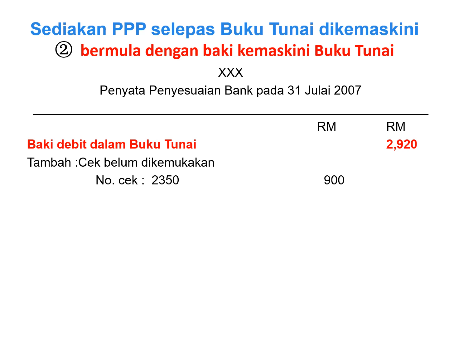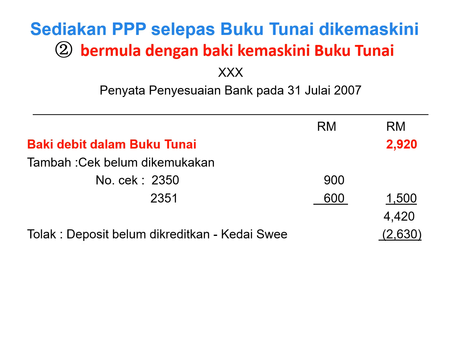Okay, reason being why you plus is because your money in the cash book is less, because you paid Mr. A, Mr. B, so you need to add back so as to tally with the bank statement, and you need to tolak the deposit belum dikreditkan kedai siu.